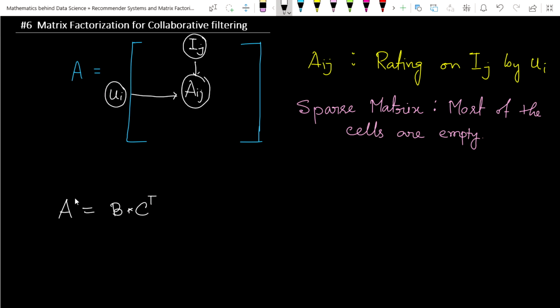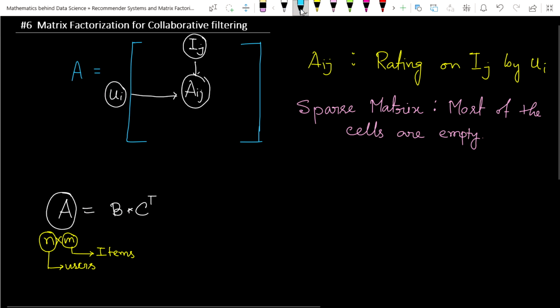Suppose the dimension of the matrix A is N cross M. This N is the number of users, and this M is the number of items. Now what will be the dimensions of B and C?